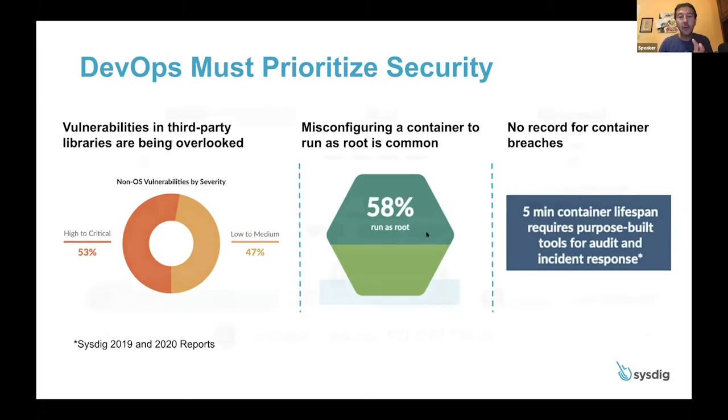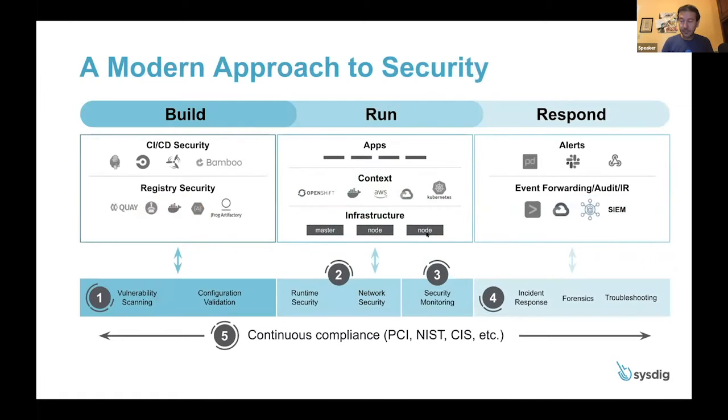So from the security point of view, let's focus a little bit on the modern approach to doing security for containers, for Kubernetes, and for microservices. When presenting this, I like to use this diagram that shows the phases in the life cycle of an application: build, run, and respond.